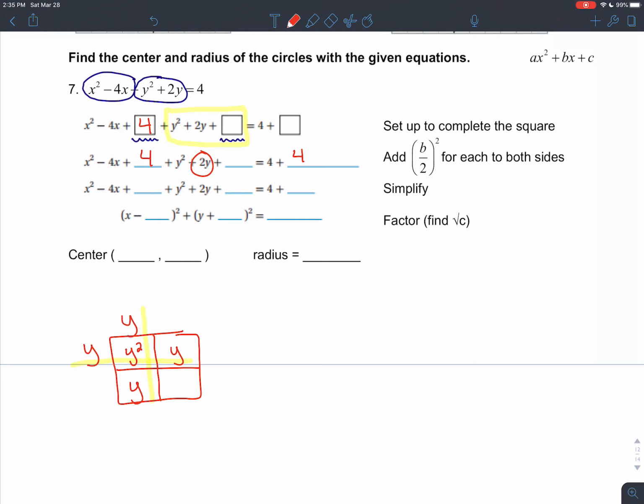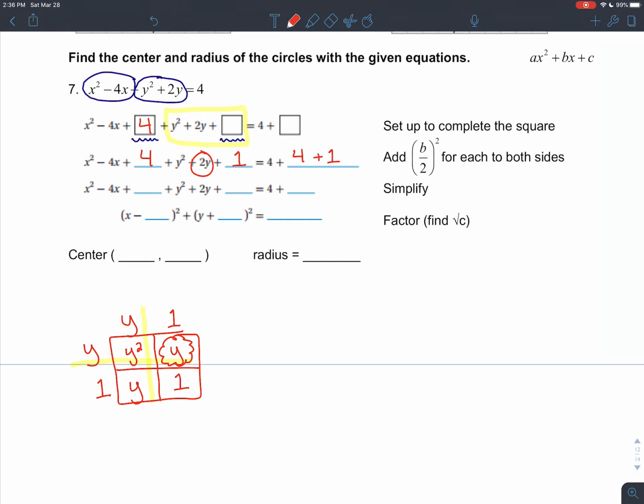So now we're going to write what's left. So in this bubble, if we took out a y, what would be left? It would be the coefficient 1. Same thing here. So then the thing that would work in that last box would be 1 times 1, which is also a 1. So we're going to be adding 1 in this space. And whatever you do to one side, you also have to add to the other side.